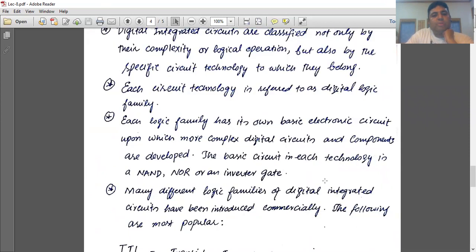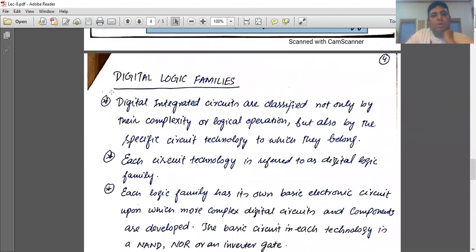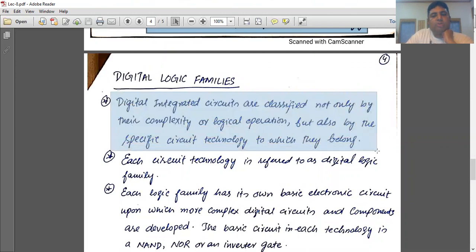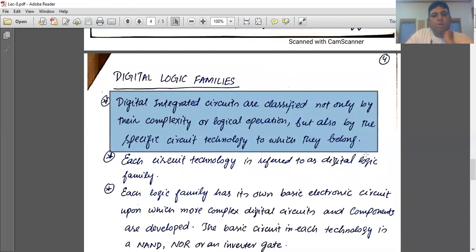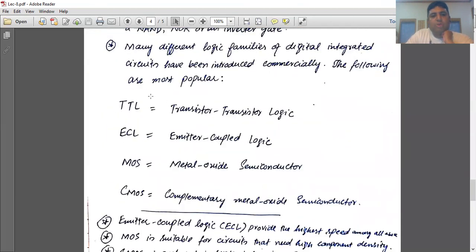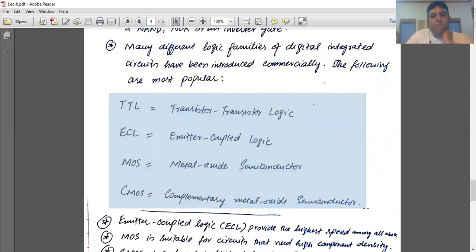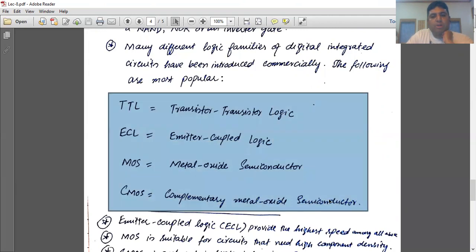Digital logic families. Apart from the classification of digital integrated circuits by integration, there is another classification, by the specific circuit technology to which they belong. There are basically four circuit families of digital integrated circuits. TTL is transistor-transistor logic, ECL is emitter coupled logic, MOS is metal oxide semiconductor, and CMOS is complementary metal oxide semiconductor.